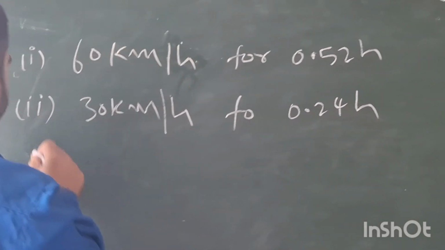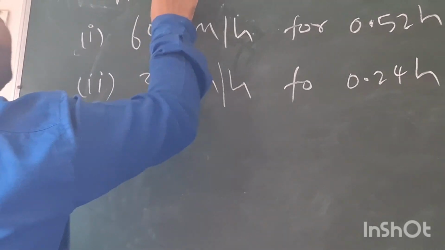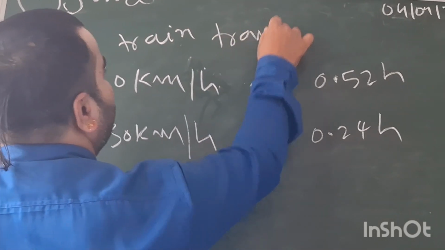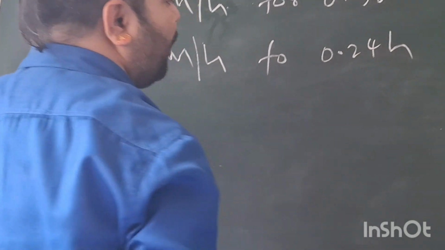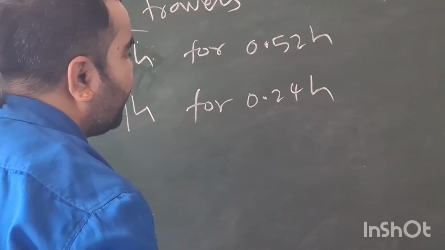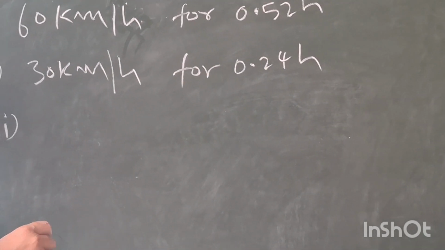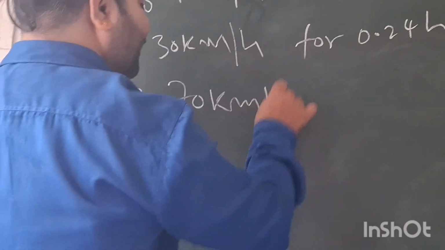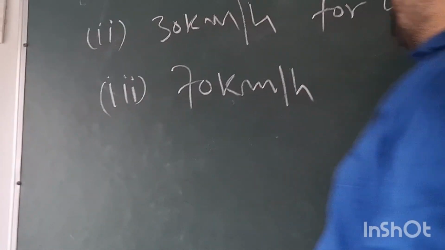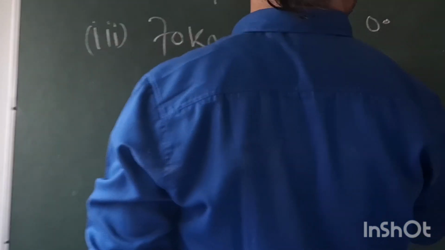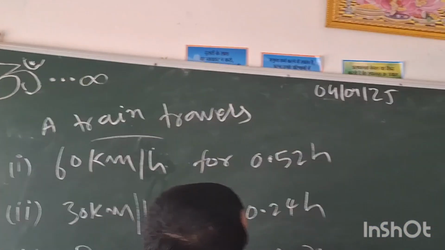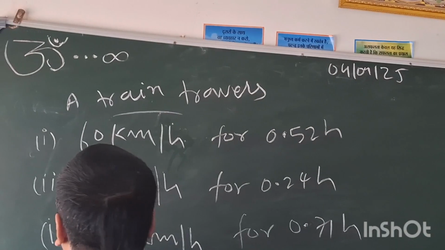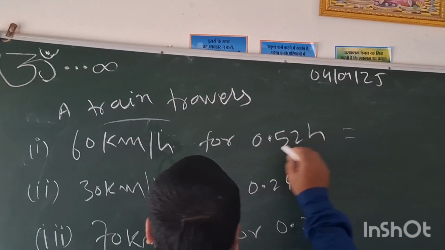The third case: a train travels at 70 kilometer per hour for 0.71 hour.